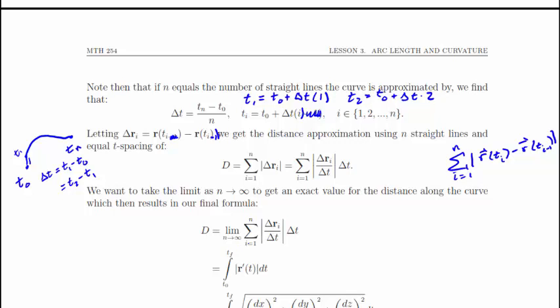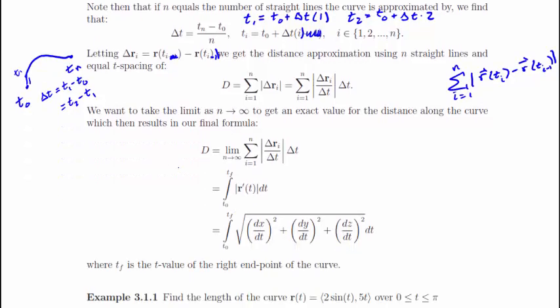So when I take this limit, that's giving us the derivative r prime of t, right, the limit as n goes to infinity of change in r over change in time. This is the definition of a derivative.